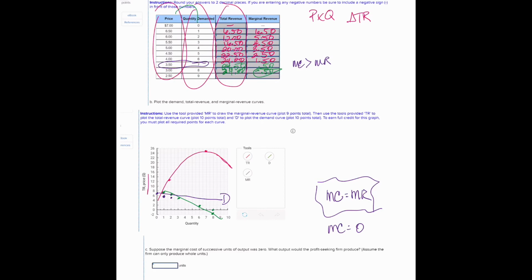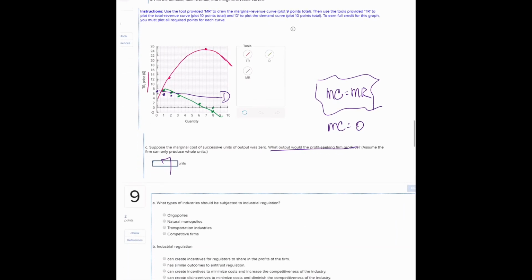So what output would the profit-seeking firm produce? That's going to be 7 units. They're going to stop where marginal cost is equal to 0 and where marginal revenue, right? MC equals MR. And so it'd come between those two values, 0. And there you have it.